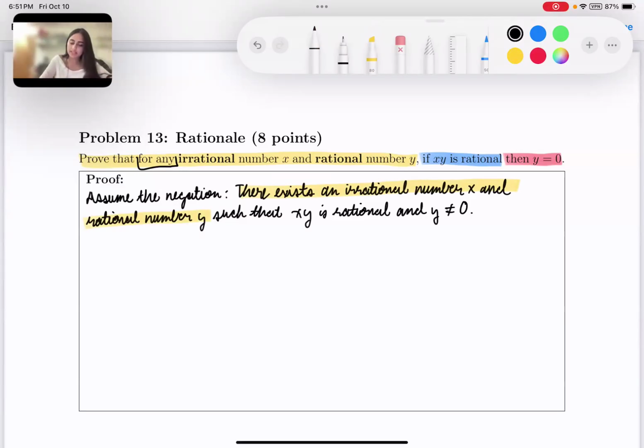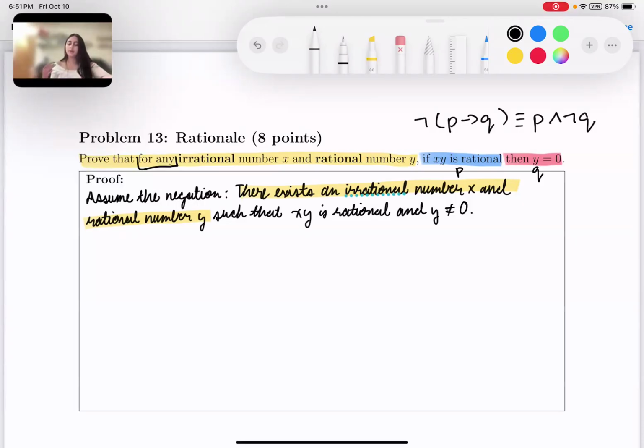Moving into the if p then q portion, if we want to negate an if p then q, in this case our p is xy is rational, our q is y equals 0. If we want to negate this, we have p and not q. Why is this the negation of an if p then q statement?